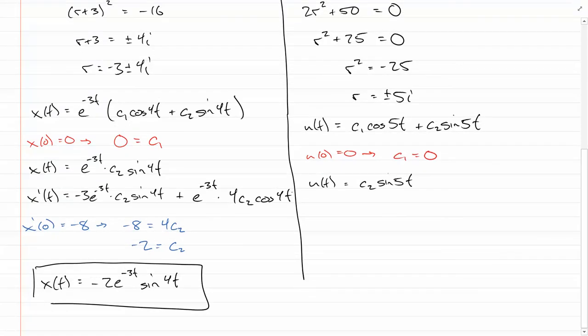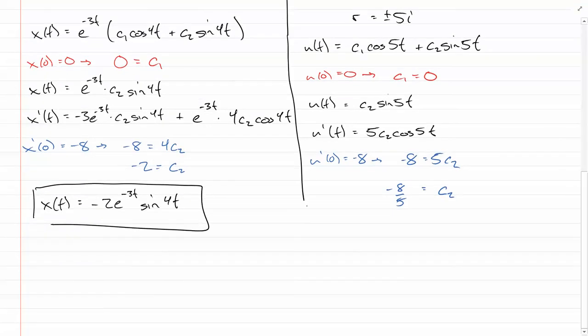To do the second initial condition, we'd have to find the derivative, so u prime would be 5c2 cosine of 5t. The fact that the initial velocity is -8 means that -8 is equal to 5c2, so c2 would be -8/5.